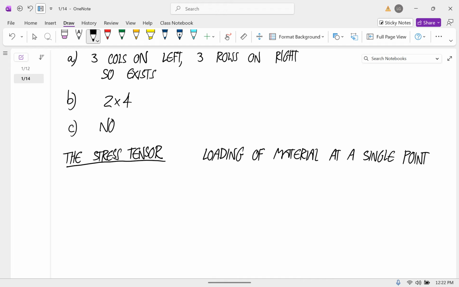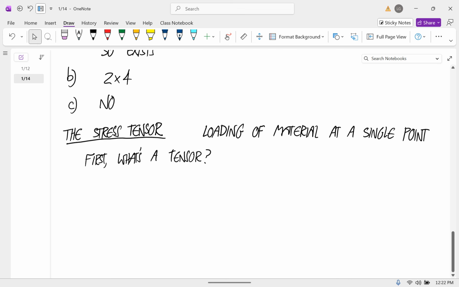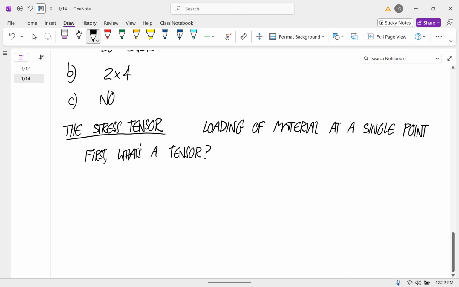Before I start talking about the stress tensor specifically, let's talk about what a tensor is. So first, what's a tensor? Well, it's analogous to a vector. So let's think about what a vector is. Let me write something that you might think of as a vector: 5, 4, -2.